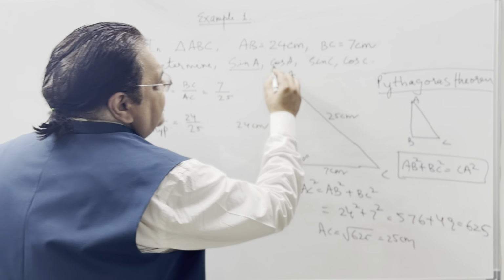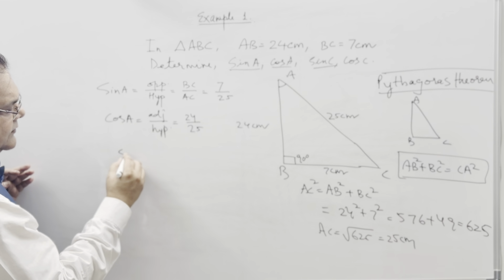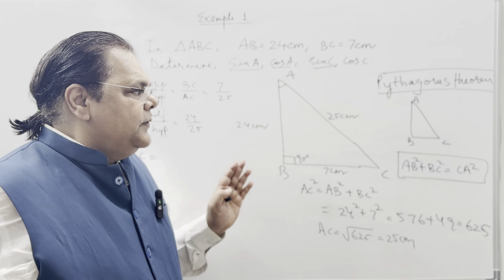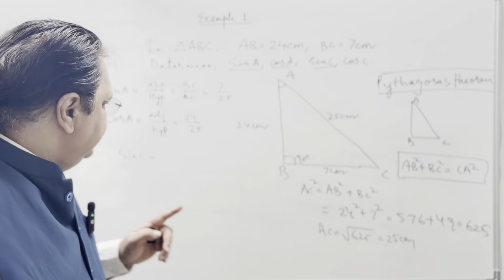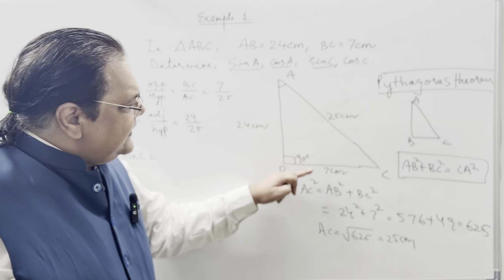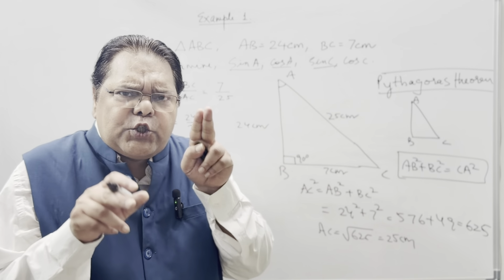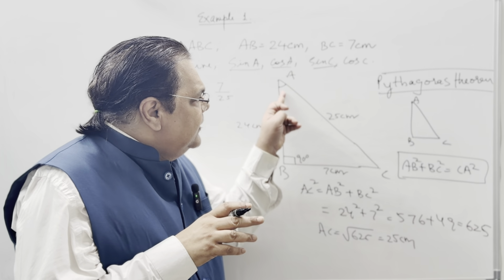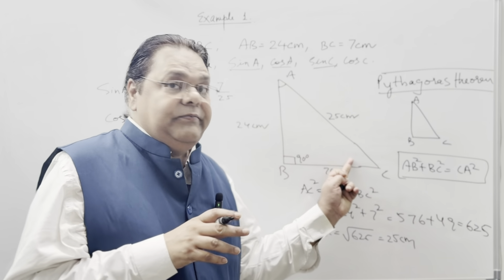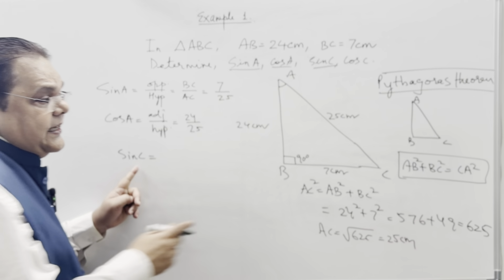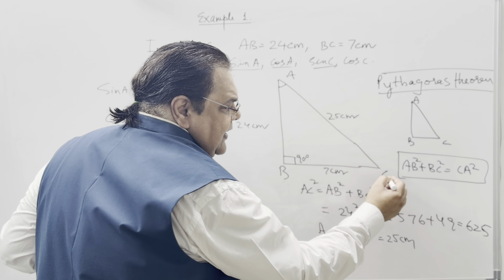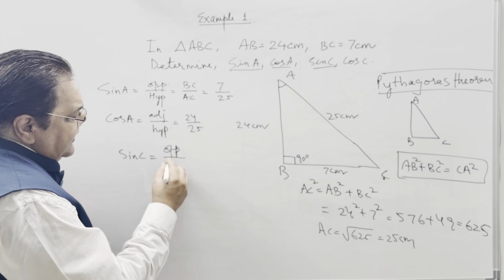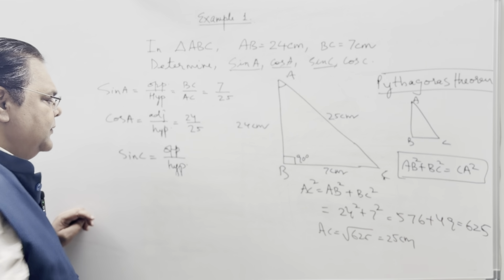Now we will find sine C. I mentioned earlier the opposite and the adjacent, they switch over among themselves depending upon which angle you are considering. Now here you see, this is angle C. So sine C is again opposite by hypotenuse.